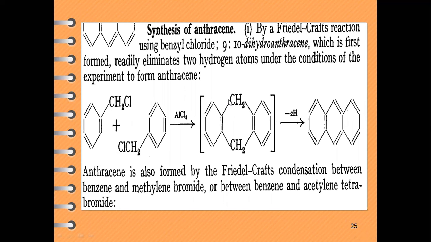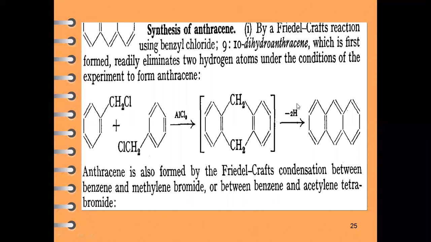There is formation of an intermediate product. What is that intermediate product? 9,10-dihydroanthracene. These two benzene rings fuse together at the 9,10 position by using aluminium chloride. This 9,10-dihydroanthracene is formed first, which then eliminates two hydrogen atoms.